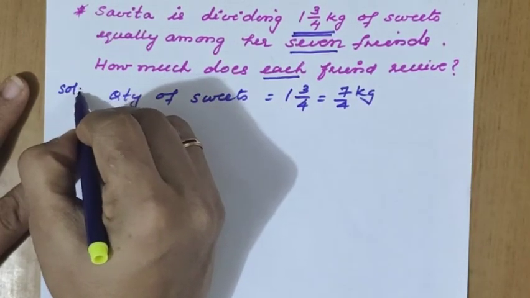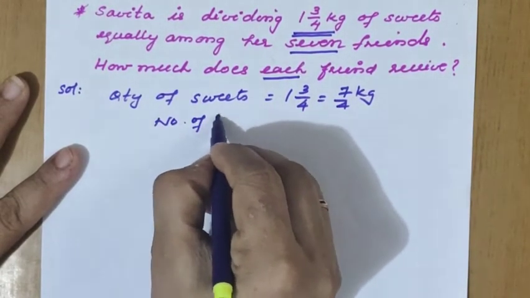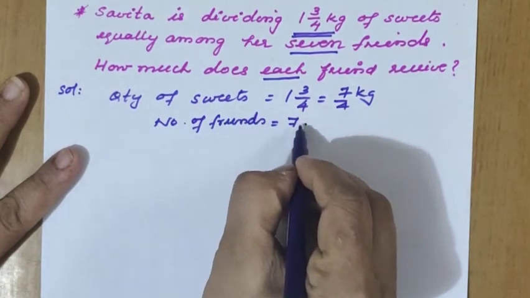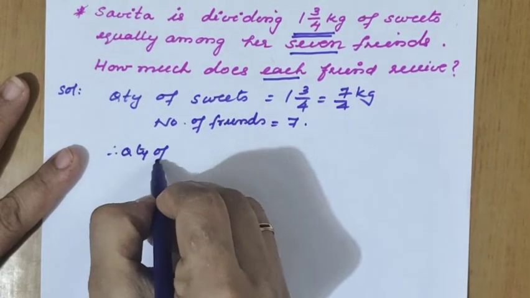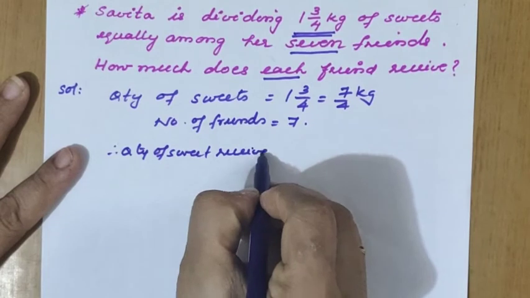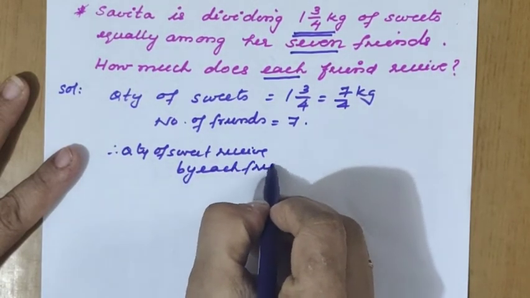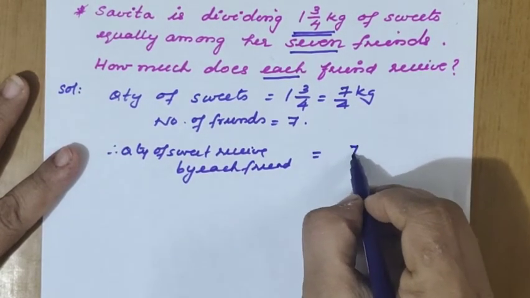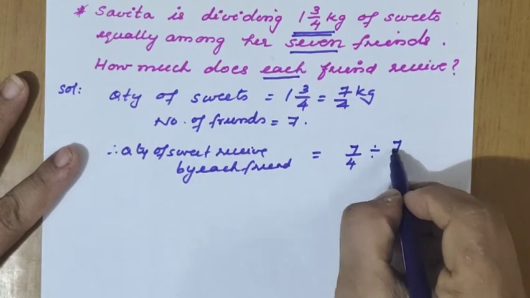Solution only. Okay, now number of friends is equal to 7. So the quantity of sweets received by each friend is equal to total quantity, that is 7 by 4, divided by number of friends, that is 7.